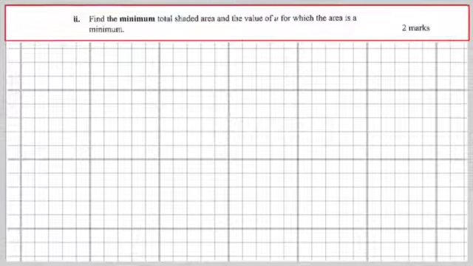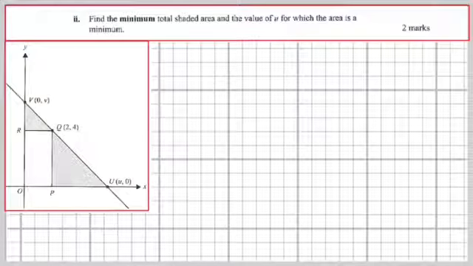Find the minimum total shaded area and the value of U for which the area is a minimum. There's our diagram again. Now, we're talking about the shaded area. Well, I think we've got to get an expression or an equation for the shaded area, which I think the easiest way to do, guys, would be the triangular area from V to O to U, that is from there to there to there, minus this rectangular area, which is going to be just 4 times 2.